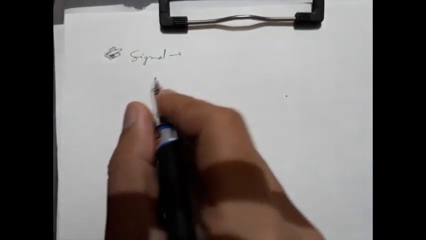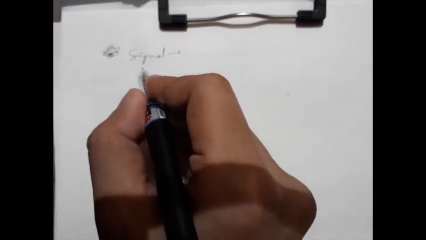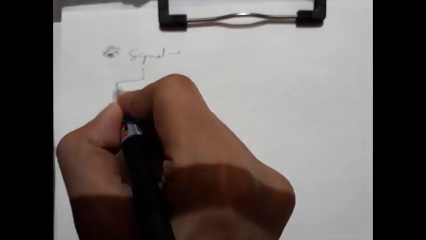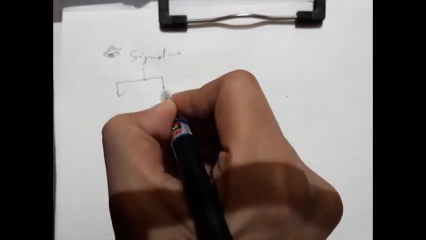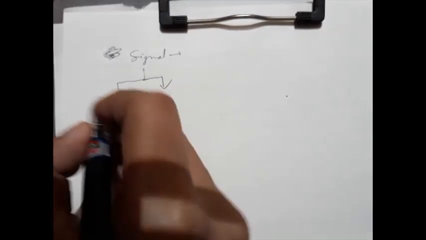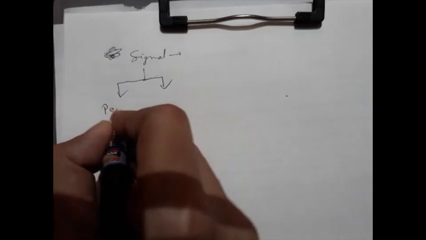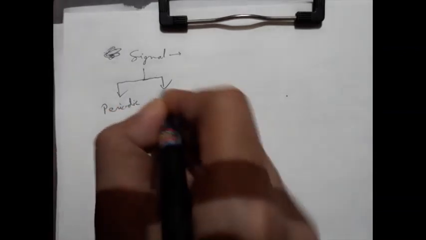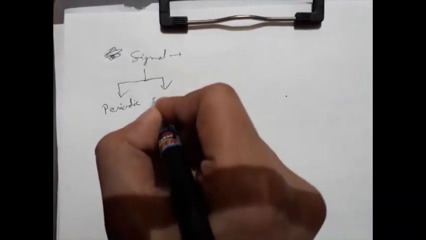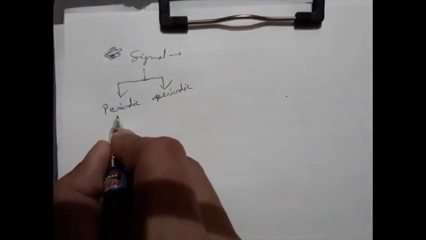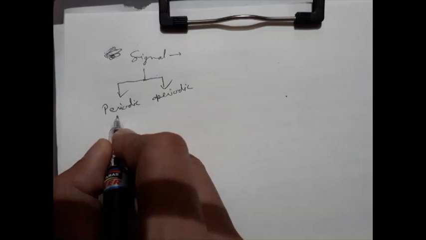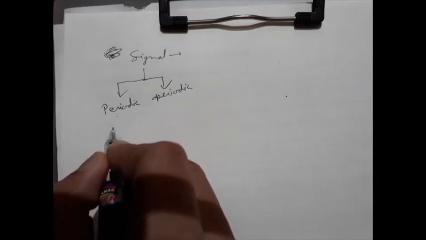Now, signals may be classified depending on various aspects. It can be classified as periodic signal and aperiodic signal. Periodic signal means a signal that repeats itself after a certain period of time.